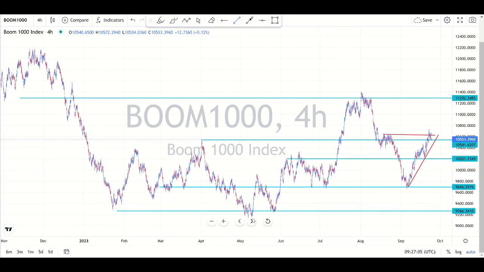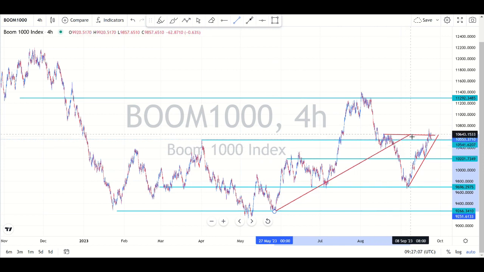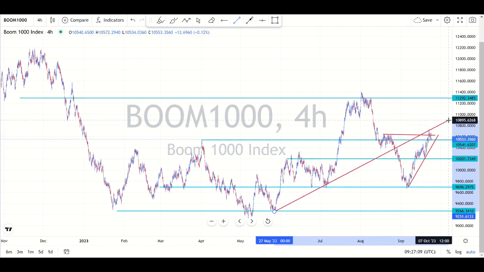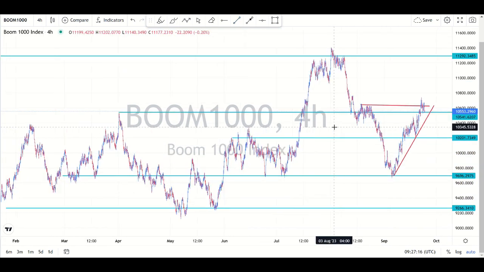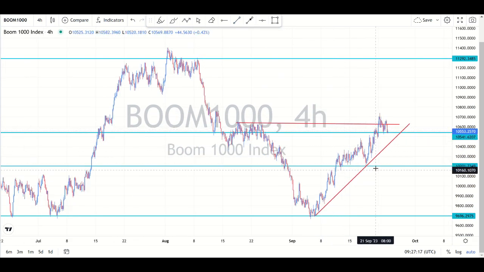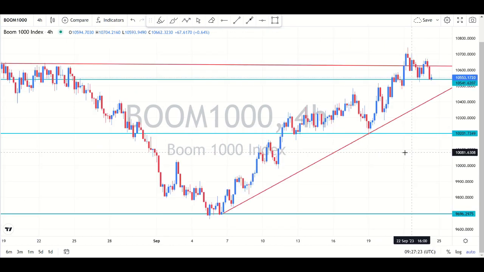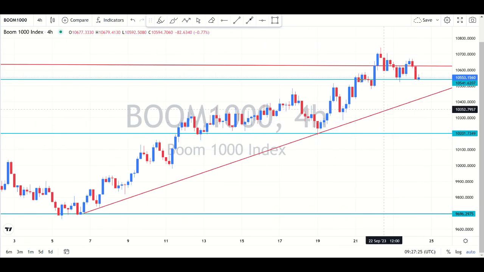So we are still in a nice resistance zone until confirmation, right? We're still in a nice resistance zone to continue selling the market to the downside, unless the market makes new highs, and then we'll be speculating for more buys. If you go down, I can see a rejection here giving us a lower high.